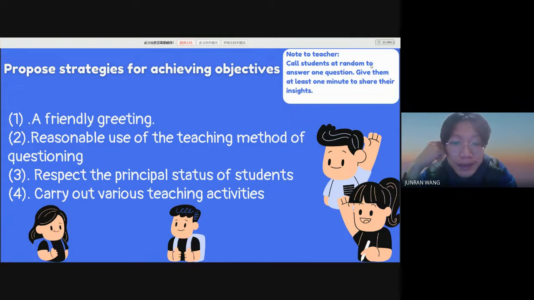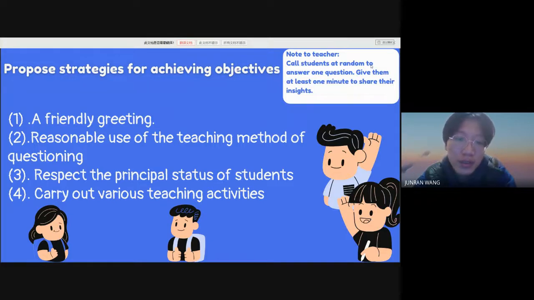Therefore, in English classroom teaching, teachers should change the past teaching concepts and teaching methods, and improve the subject status of students in English class. In the process of teaching, try to let students talk, do and discuss more.